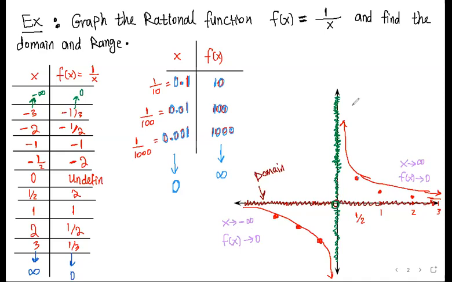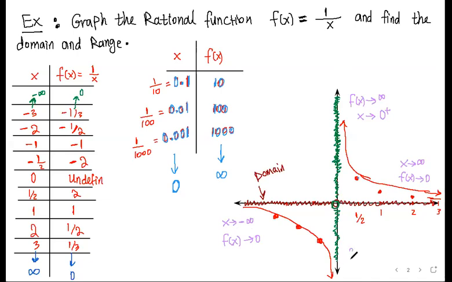Here, as f of x goes to infinity, becoming larger, the value for x becomes close to 0, but positive. Positive means close to 0 from the right side.